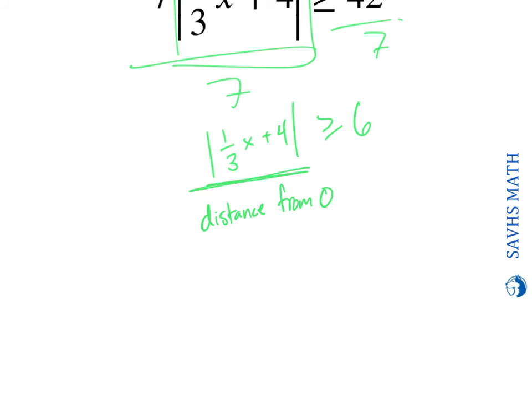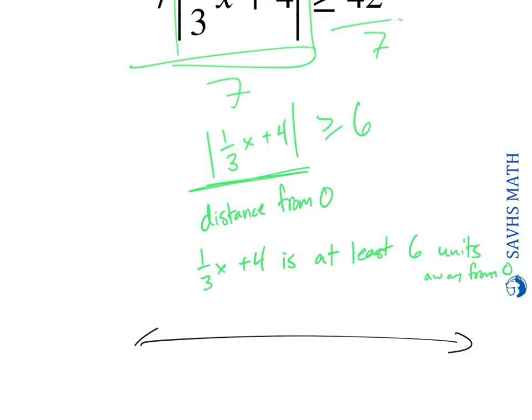So 1/3 x plus 4 is at least 6 units away from 0. So it could be, wait, let me draw a little diagram then. Here's where 0 is. Here's where 6 is. Here's where -6 is.